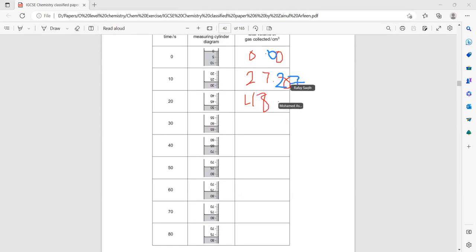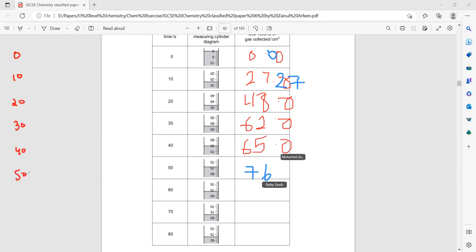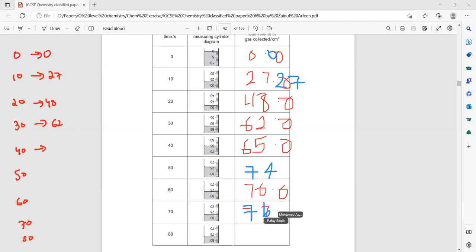The second one is 27.0, then 48.0. So first was 0, then 27, then 48, then 62, 65, 74, 76, 77, and 77.